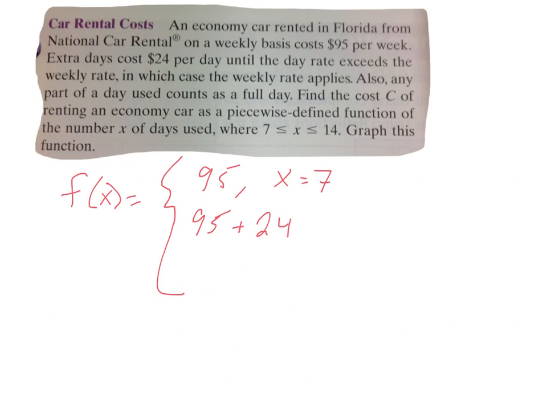So it's going to be 24 times, and we'll just call it ceiling. So 24 times ceiling, because we don't want to round down like the int function, which we also call the floor function.